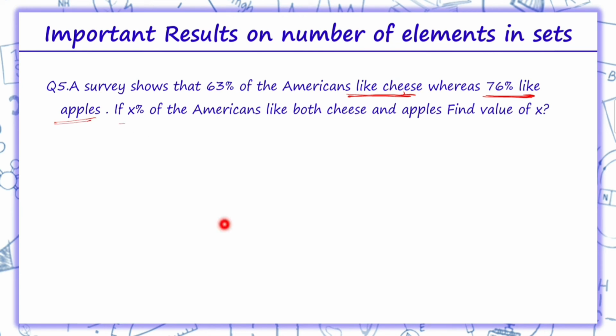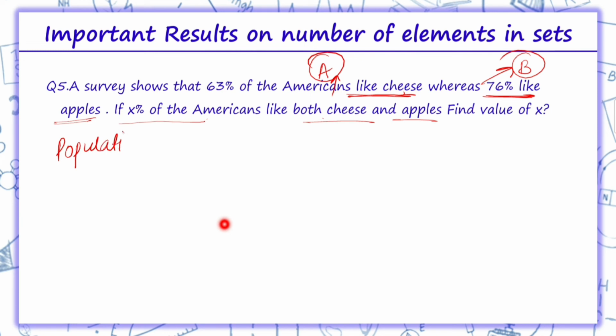If X percent of the Americans like both cheese and apple, we have to find the value of X. Now let us denote A, the set of Americans who like cheese, and B the set of Americans who like apples. Now it is in percentage form.